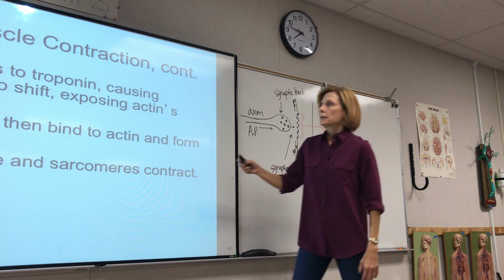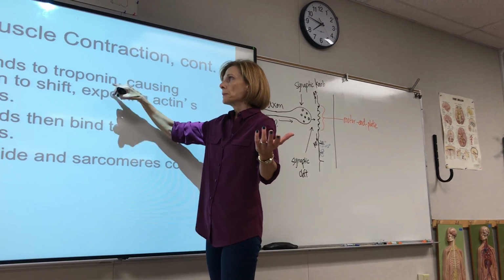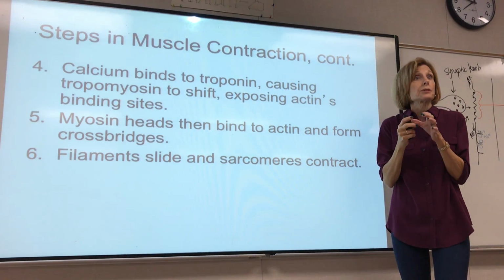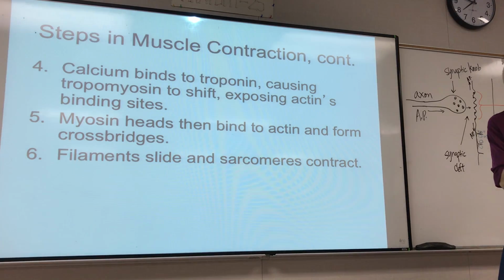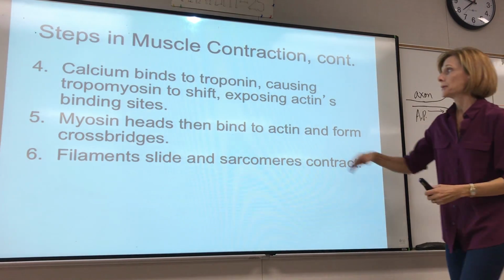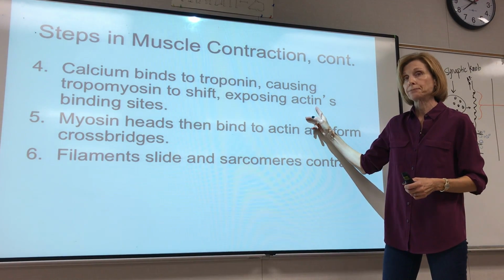So calcium will bind to troponin on the thin filament. Remember when calcium binds to troponin, because troponin is right next to the tropomyosin molecule, that will kind of shove the tropomyosin over, right? Kind of shifts the tropomyosin, and these binding sites on the actin molecules will be exposed.